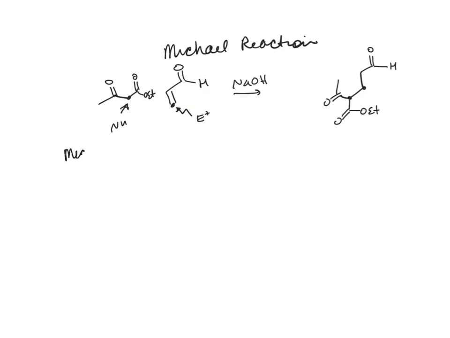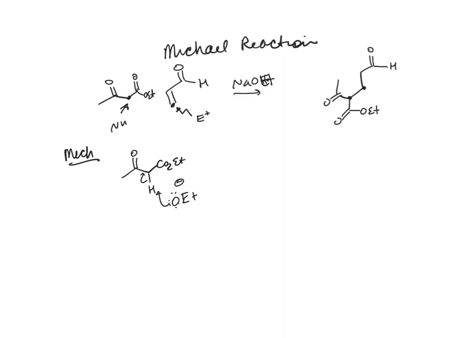So what does that mechanism look like? The mechanism begins with a deprotonation at the alpha position. So we have a base here, and I'm sorry, because I used an ethyl ester, let's use sodium methoxide here, so we don't have any hydrolysis potential.